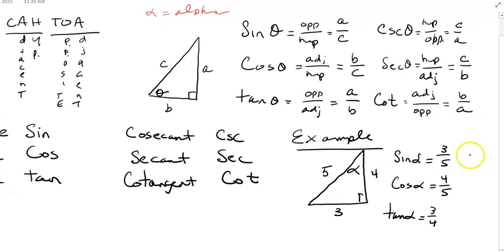And then, of course, cosecant of alpha, 5/3. Secant alpha, 5/4. And cotan alpha is 4/3. So they're simply the reciprocals.